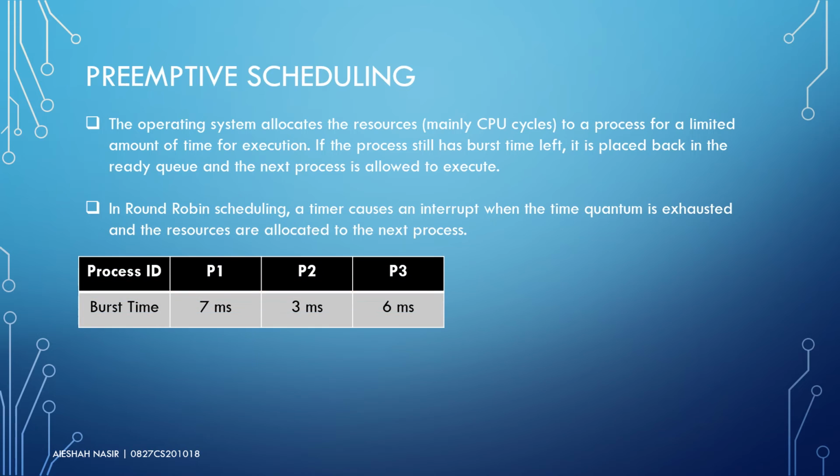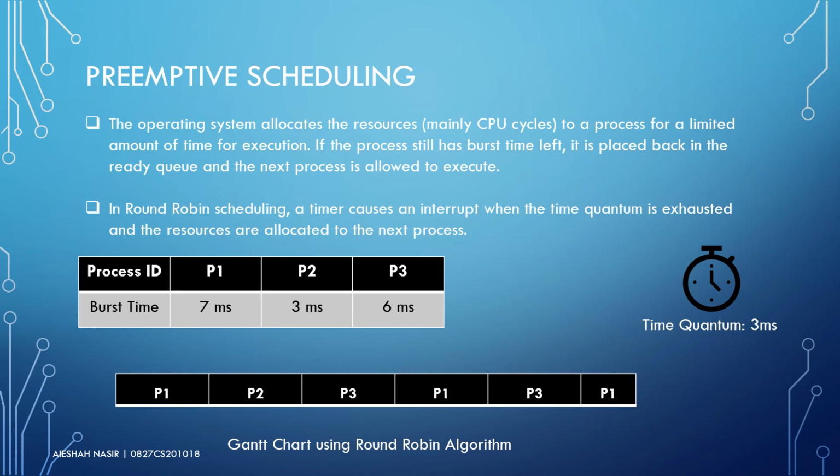In this example, we have 3 processes with the following burst time, and a time quantum of 3 milliseconds is chosen. So in the Gantt chart, we can see that the first process executed for a period of 3 milliseconds, and even though its burst time is still left, that is 7 minus 3, 4 milliseconds are still left, the next process in the ready queue, P2, will get executed. This process got terminated after 3 milliseconds, and on the 6th millisecond, we have P3.